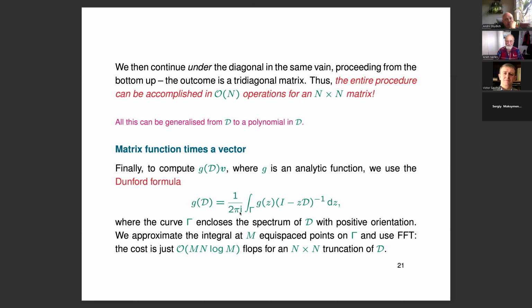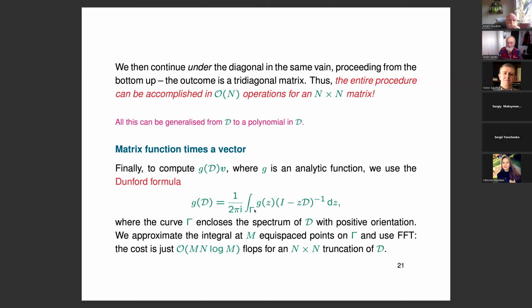So how to approximate this integral? Suppose for simplicity, and this generalizes, the spectrum is bounded. In that case, we have here a curve. We parameterize this curve, and we choose roots of unity along the parameter of the curve. Computing this integral at these equispaced points, the roots of unity, reduces to a discrete Fourier transform.